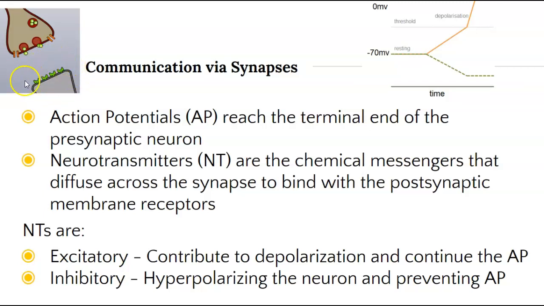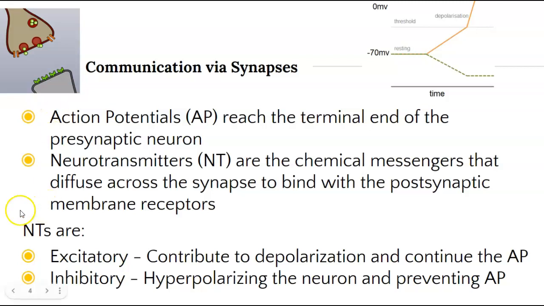This area where they bind is the dendrite of the second neuron. So they go from the end plate through the gap to the dendrite of the second neuron, and they will continue on over the myelin sheaths of the second neuron.